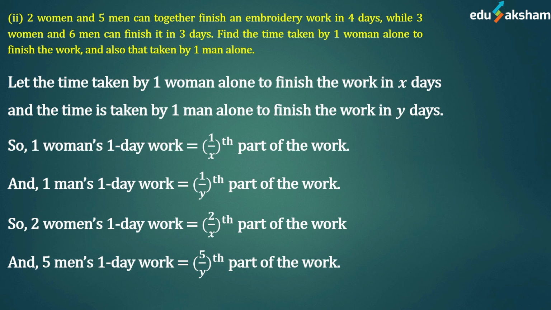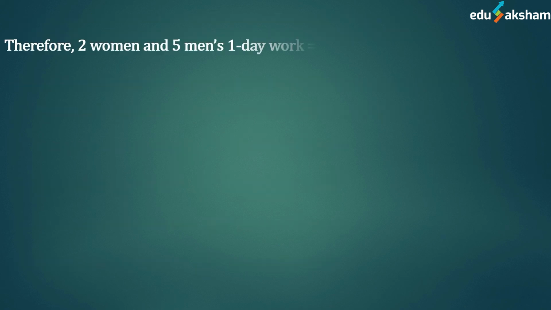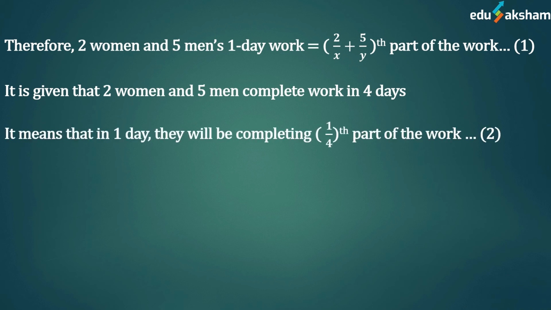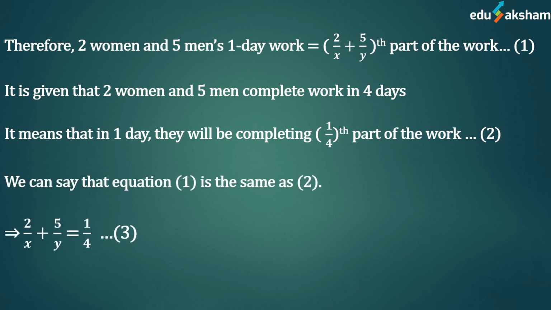Now, this means that 2 women's and 5 men's one day work would be 2 by x plus 5 by y. Since it is given that 2 women and 5 men complete the work in 4 days, the work they would complete in 1 day would be 1 by 4th part of the work. So we can equate 2 by x plus 5 by y with 1 by 4, which gives us the equation 2 by x plus 5 by y equal to 1 by 4.